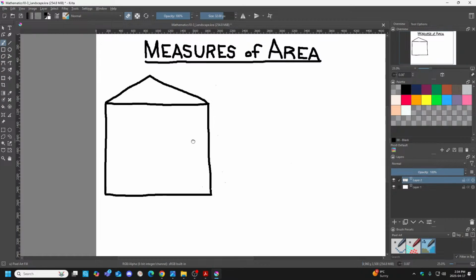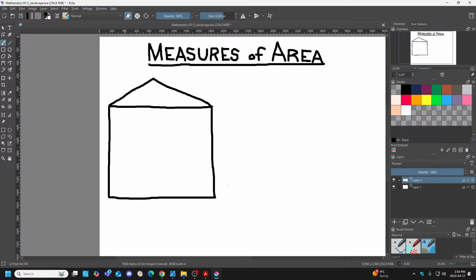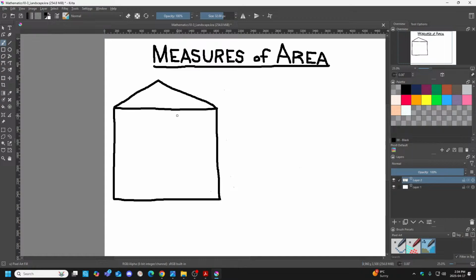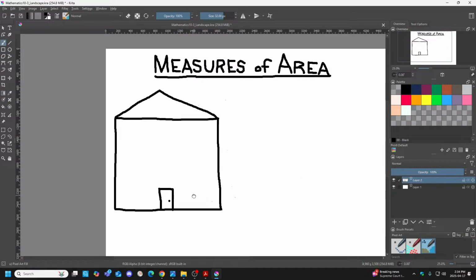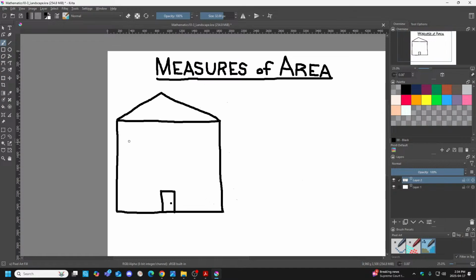Okay. All right. Good enough. All right, stop. Okay, so we got the shape of a house. There's the door. Okay, and then we have a couple of windows.